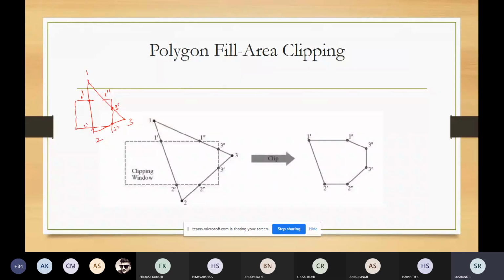For 2 also, 2 dash and 2 double dash. So at the boundary of the clipping window, we will create a new vertex list, and then this vertex list will be passed to the next boundary clipper.